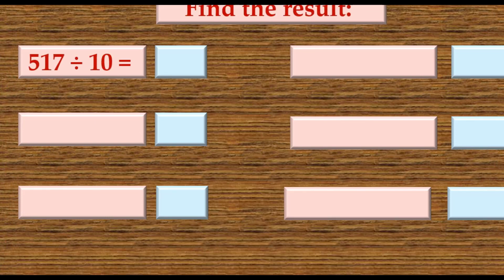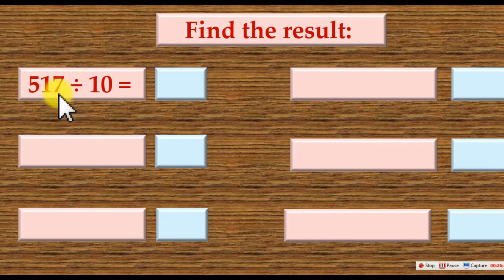Find the result. 517 divided by 10. Put the decimal point. أول digit عندي 7 هنحط الديسيمال بوينت هيبقى الناتج 51.7. 109 divided by 10.